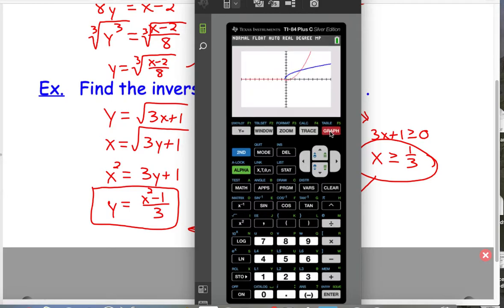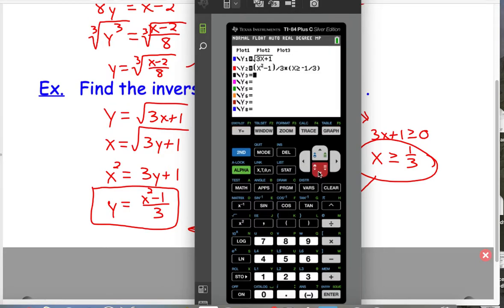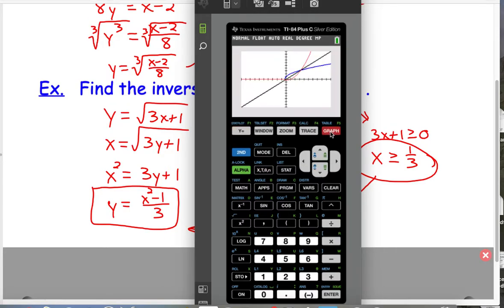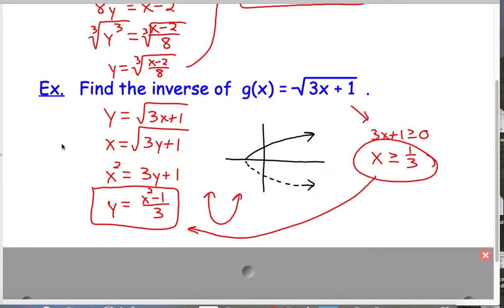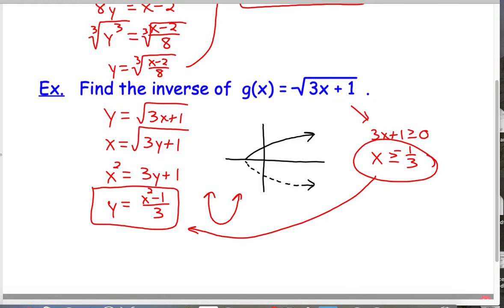So ignore where it traced along the negative x-axis, but basically we only want half that parabola. And that's the reflection of the blue graph over the line y equals x to get the red graph. So for our inverse, we have to make sure that we specify our particular values. And I'm sorry, it should be negative 1/3. So we have restrictions, and you have to keep that in mind when you're doing inverses.